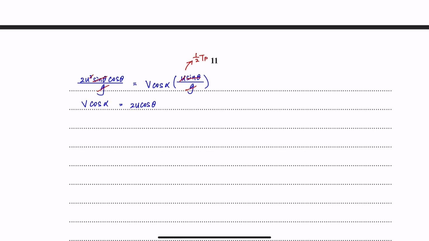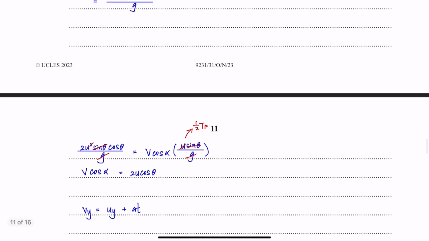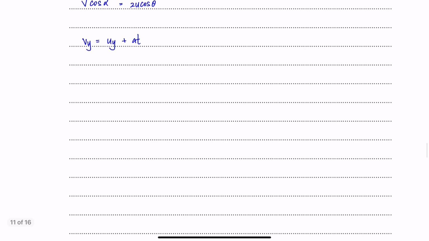And now we can find the vertical component of the velocity of Q. So we can use this formula again. The vertical component for the final velocity at its highest point, when Q is at its highest point, will be 0.